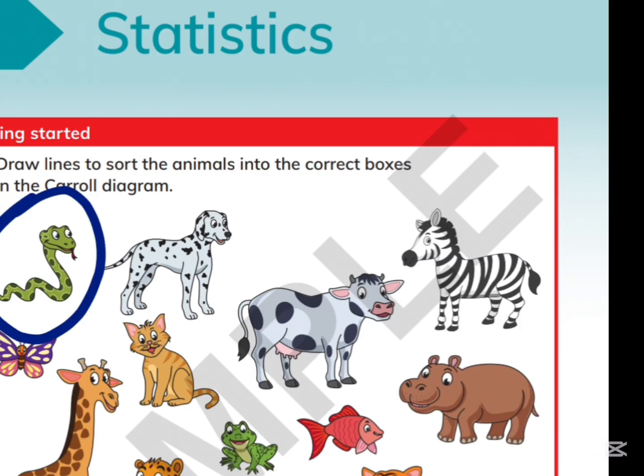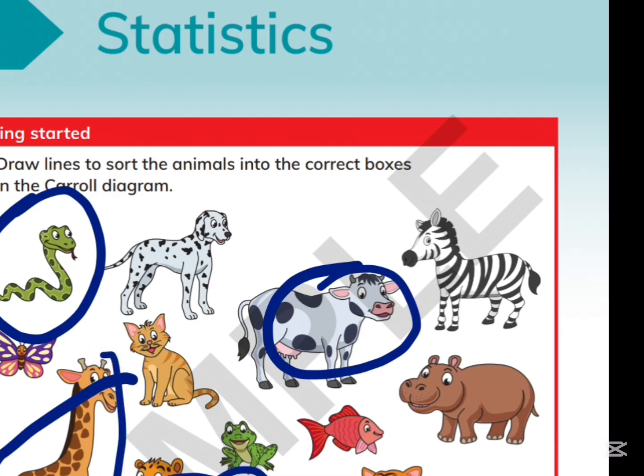Okay, here we have seen how many animals have spots. This one has spots, this one has spots, this one has spots, this one has spots. 1, 2, 3, 4. All right, and this one has spots. 1, 2, 3, 4, and 5. How many have spots? 5.